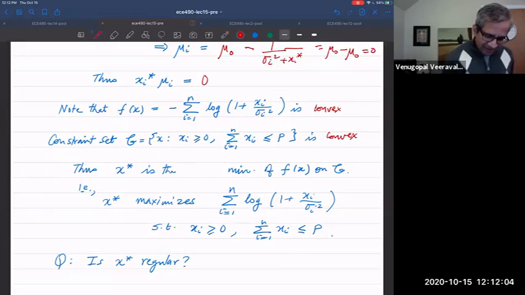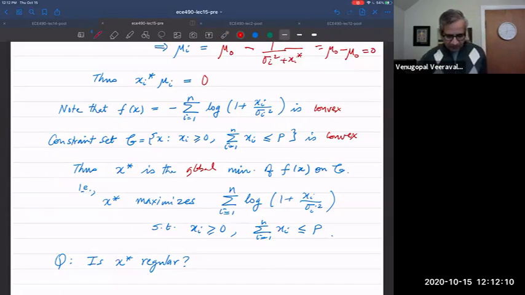There's only one candidate, and it has to be the global minimum. Then if you convert f back to the original function by changing the sign, we say that X star maximizes, it gives you the maximum rate on these constraints.